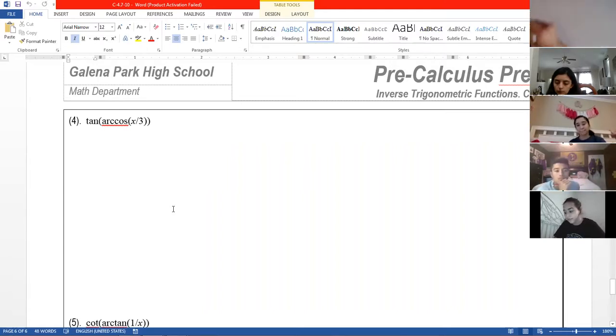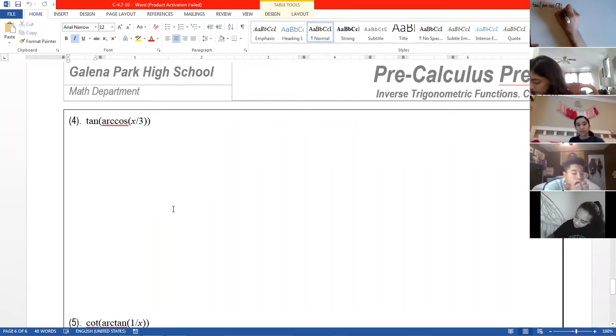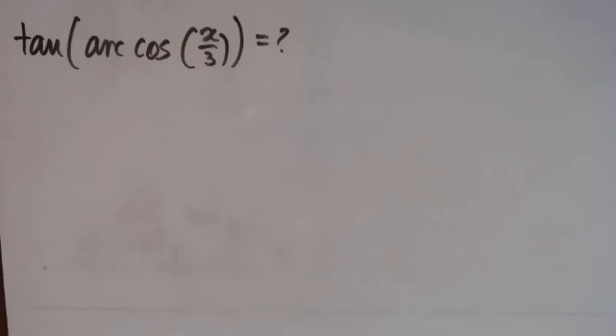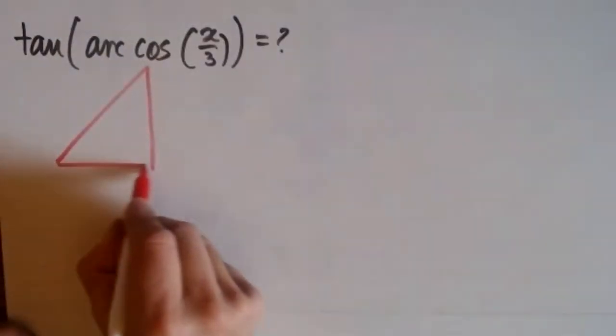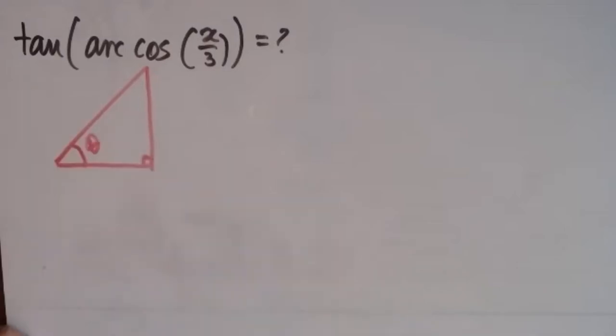So I have tangent of arc cosine of x over 3 is my question. Right there. Okay, that's the problem I have to solve. Okay, right triangle again. Theta.